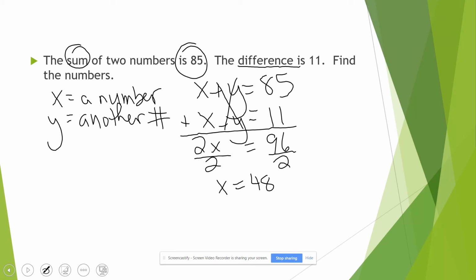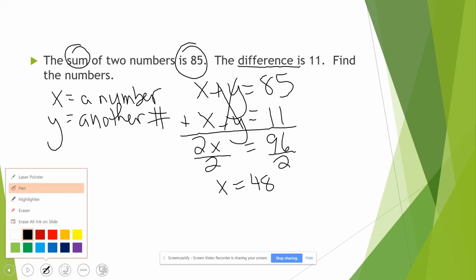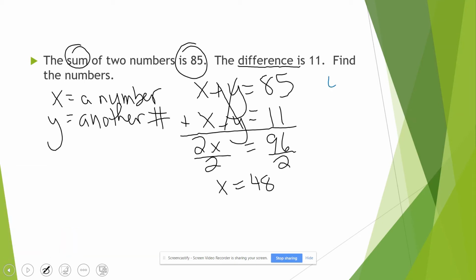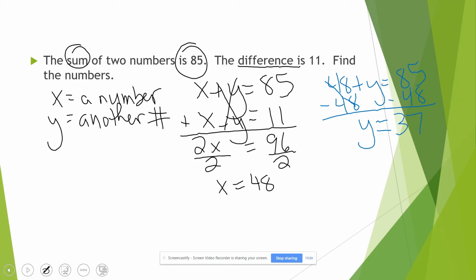Plug that into either one of the original equations. I'm going to go ahead and plug it into the top one. 48 plus y is 85. Move that 48 over, and that gives us y is 37.